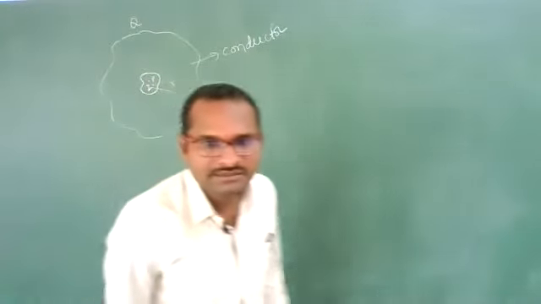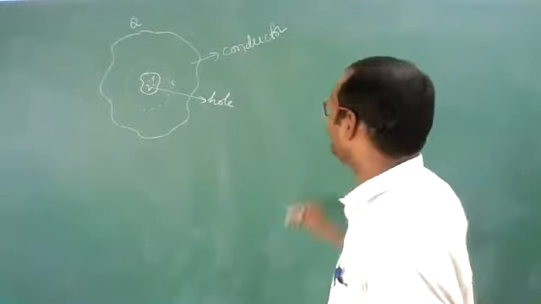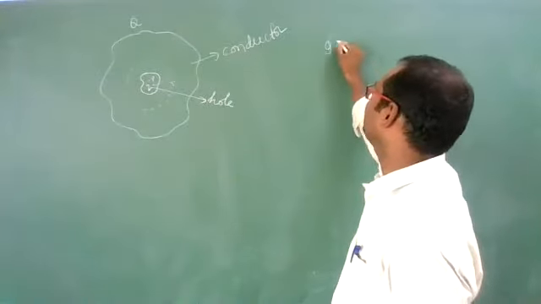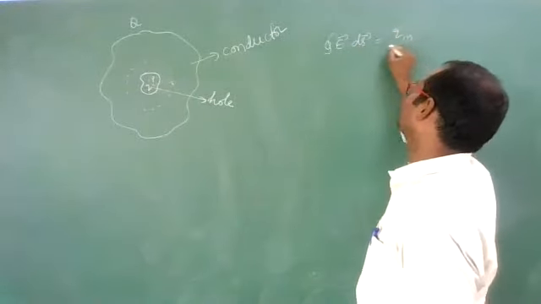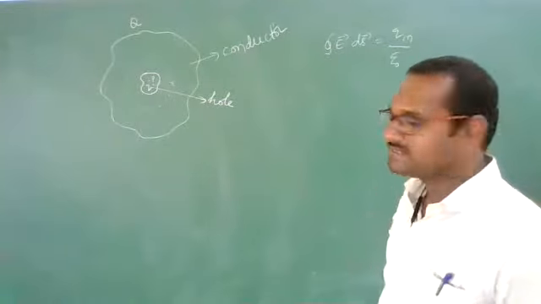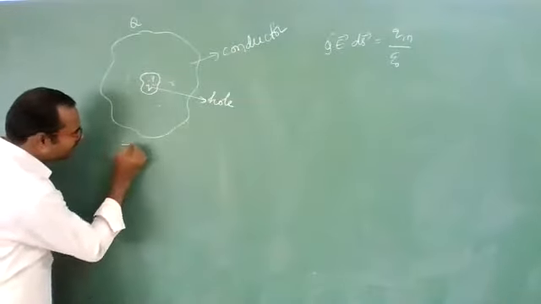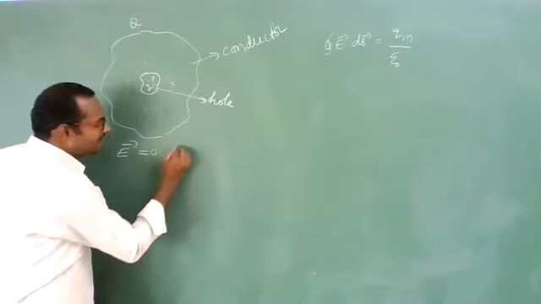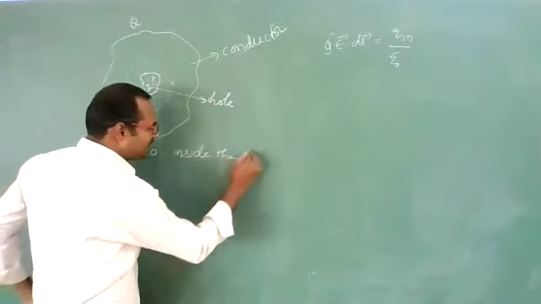According to Gauss law, the surface integral of E bar dot ds bar can be written as Q inside by epsilon naught. I told you one point, that the electric field is equal to 0 inside the conductor.